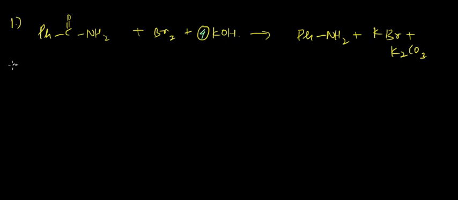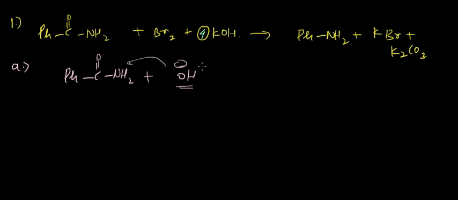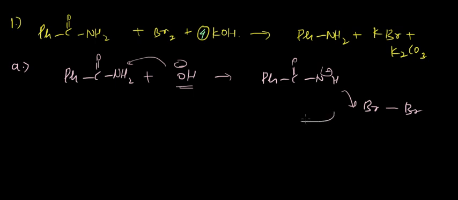In the first step, we have the amide part, and on the amide, OH minus is taking the H plus from the nitrogen atom, resulting in the formation of N minus H. This N minus H will go and attack on Br. As a result, we will get NHBr.